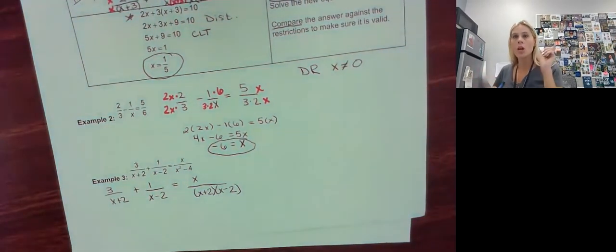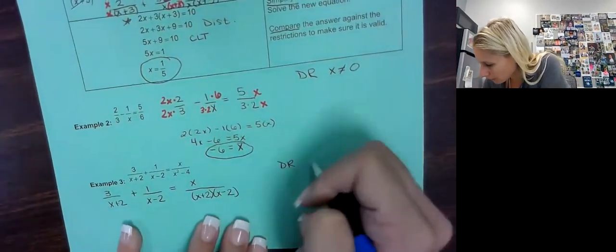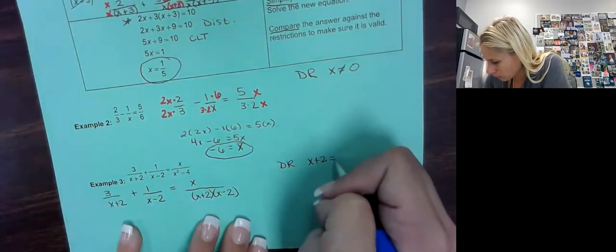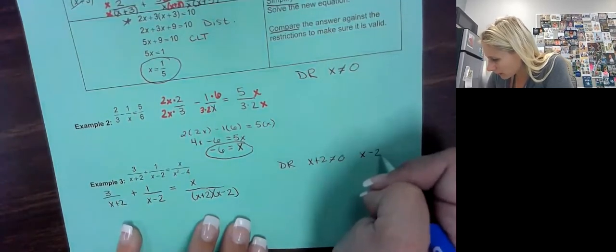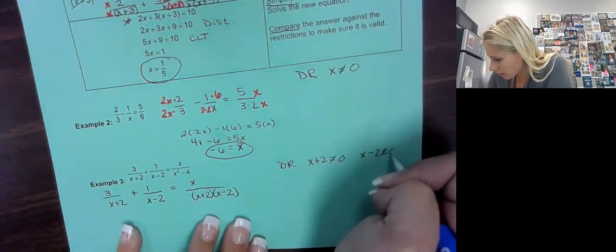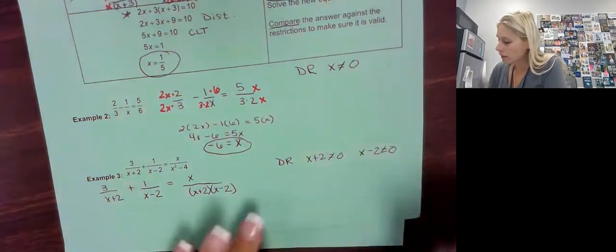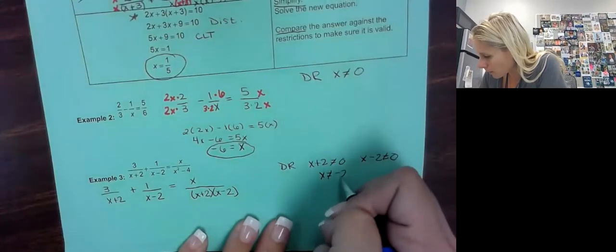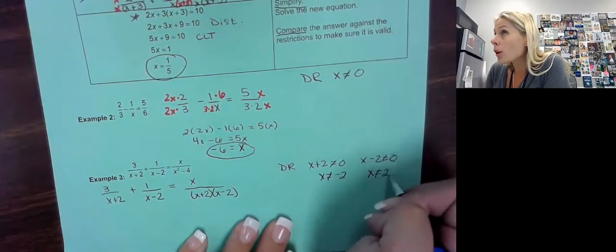So that's great. Domain restrictions. Yay, remembered. Okay. Set each of our denominators not equal to 0. Now, as you can see, because these two denominators are already there, that covers these two. So solve. So x cannot be -2, nor can it be 2.